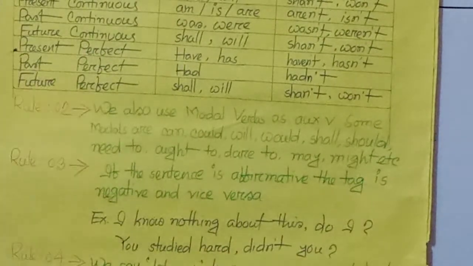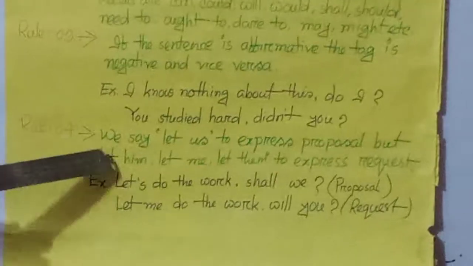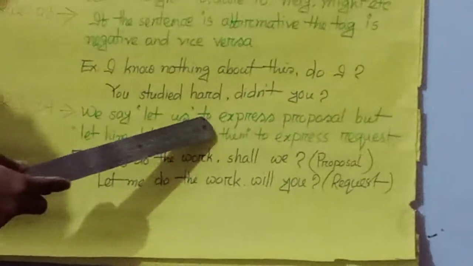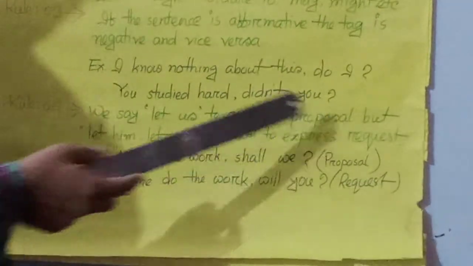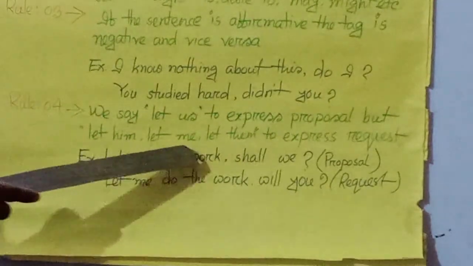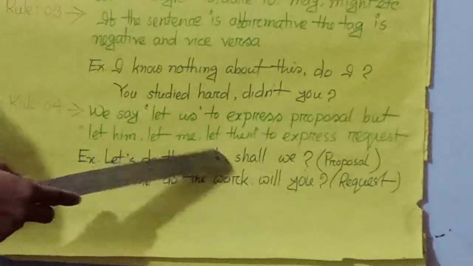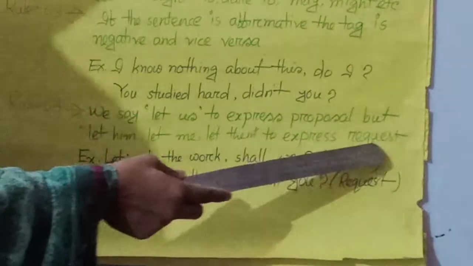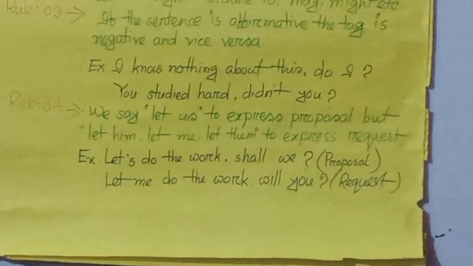Then, rule number 4. We say let us to express proposal, but let him, let me, let them to express request. Dear students, in imperative sentences, we use shall we or will you to make a tag question.